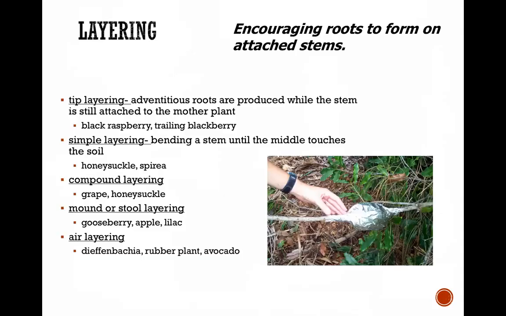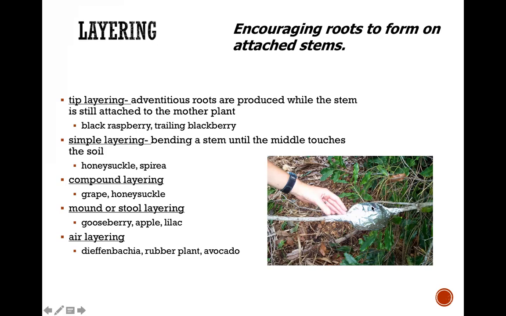Going back to this layering idea, the idea is that you want to wound the branch, or basically induce the rooting on the stem or the tip by either touching the ground, or inducing it to think that it's touching the ground by giving it a dark environment. That's what this picture is showing you.